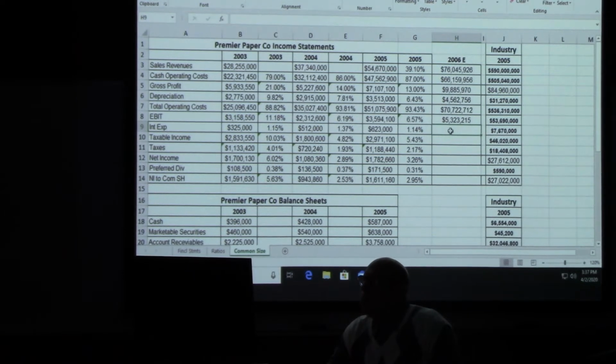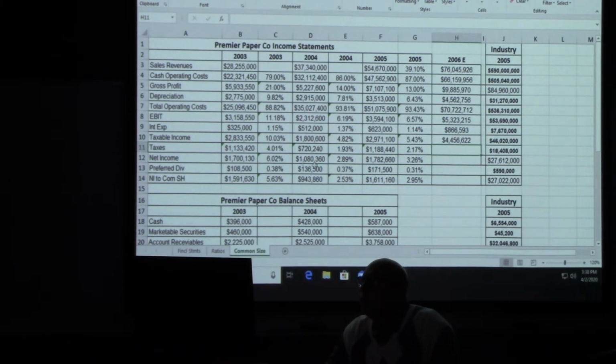There we go. Our interest expense, again, is related to loans. We'll go ahead and estimate it, and let's leave it at 1.14%, equals that times that, and turn that into a dollar figure, and it's equal to our EBIT minus our interest expense.